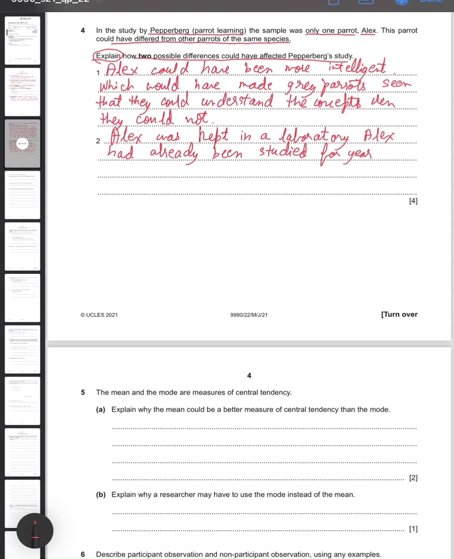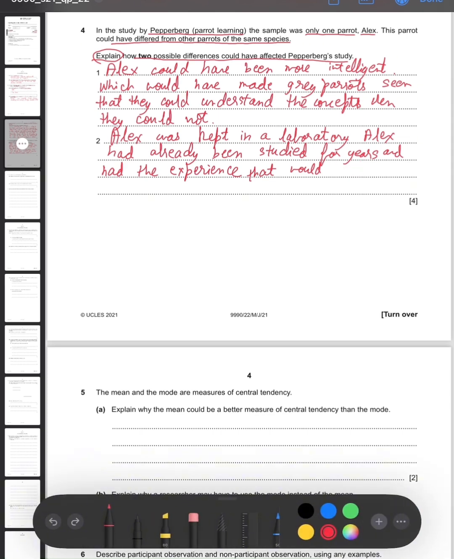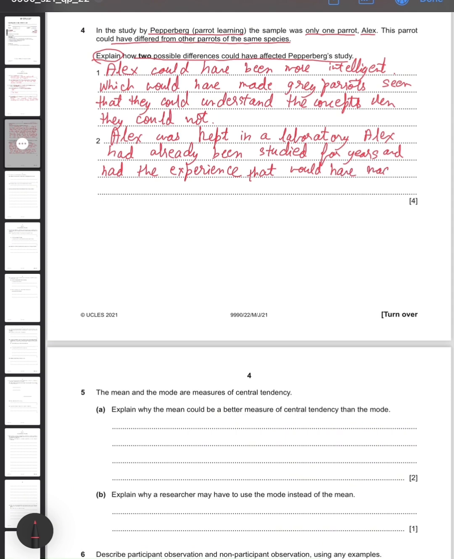So he was already studied for many years and had the experiences that would have made his responses different from wild parrots. So these are the two differences that could have affected Pepperberg's study.